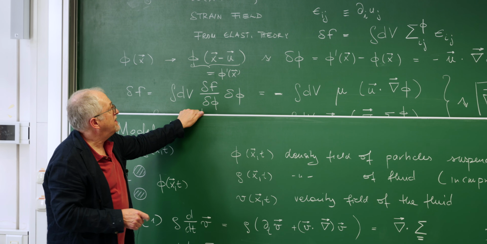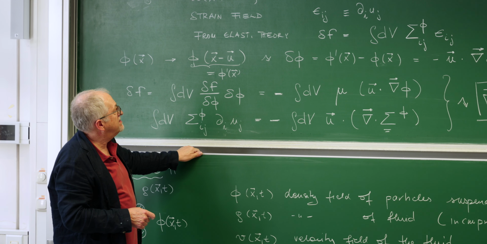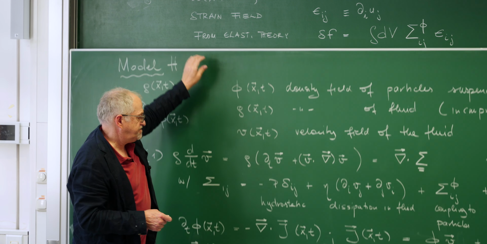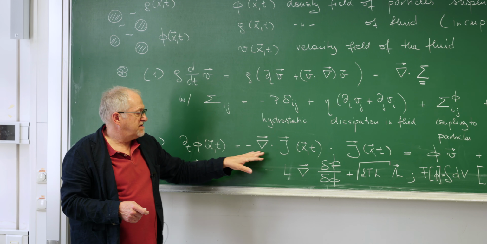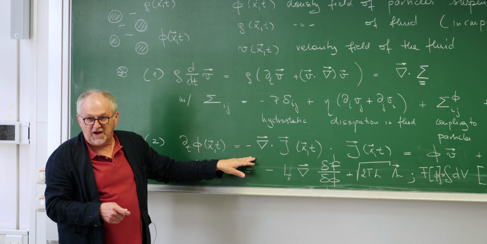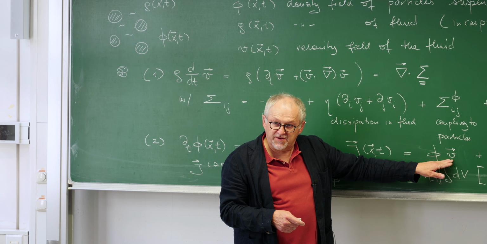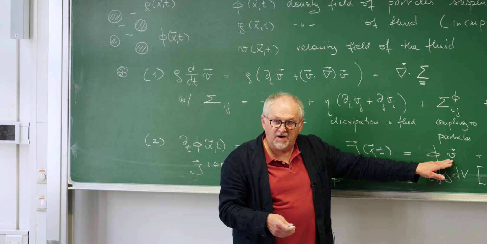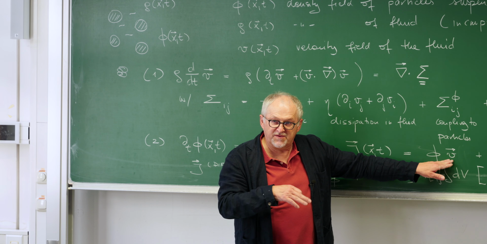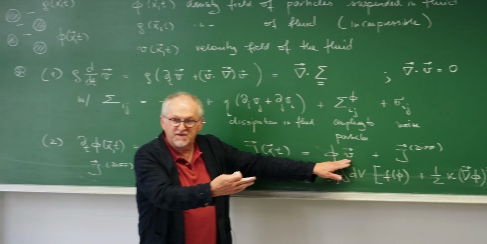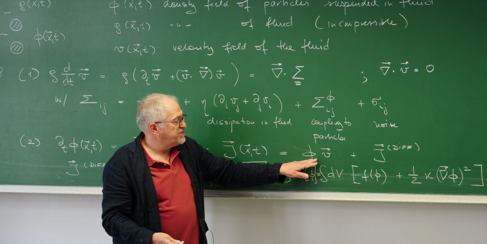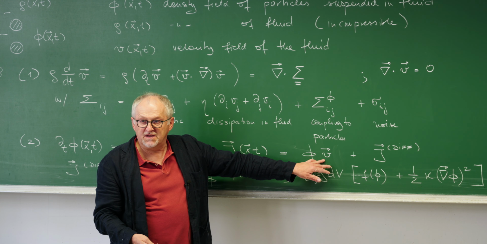But note the way I derived it. I say this is always true because you have to have a conservation law. And then I know there must be a mass current of the colloidal particles or the proteins that flows with the fluid. And it must be of the form phi times v.